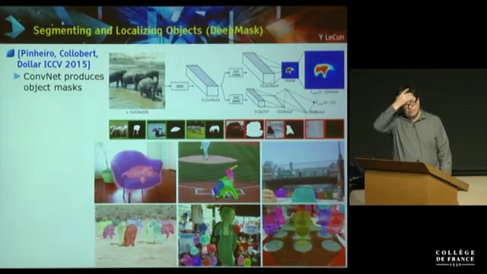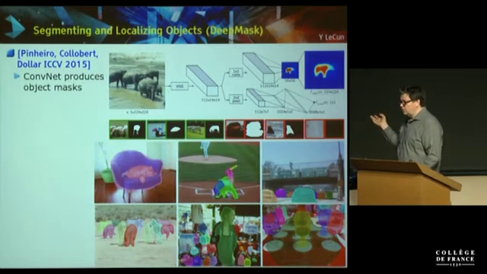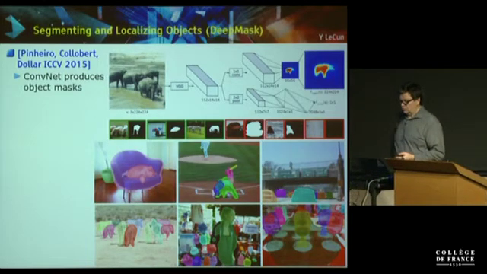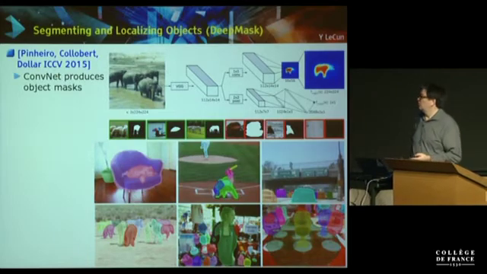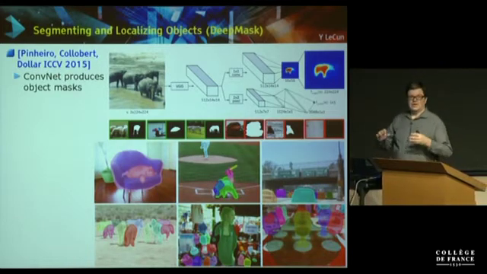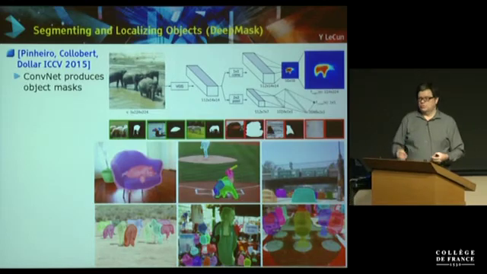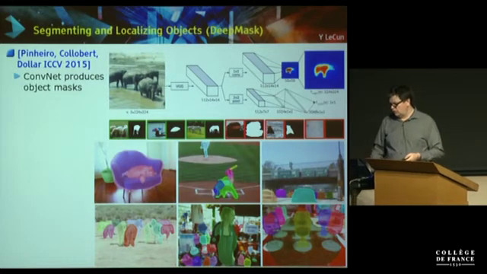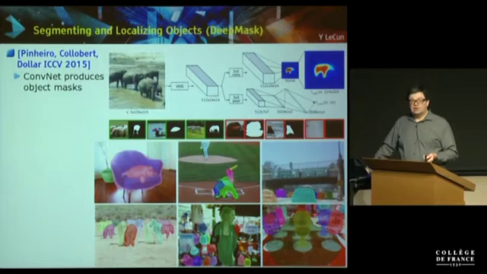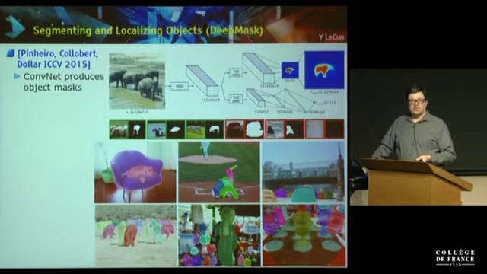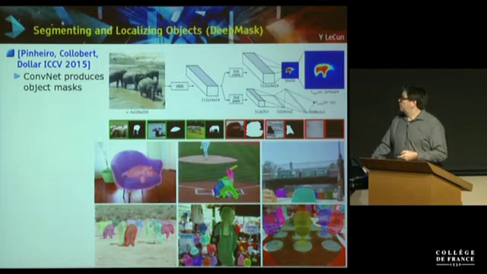And now let's turn to more precise methods for localizing objects. The basic idea, it all started about a year ago. I showed you examples of this before, but it's really very recently implemented, just a few months ago.